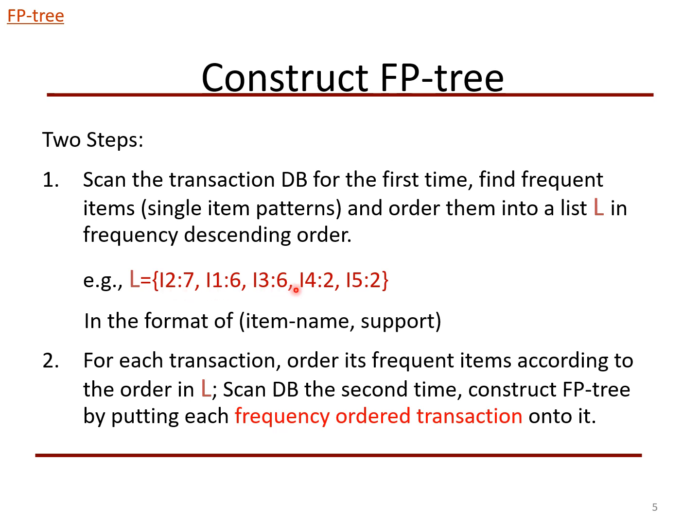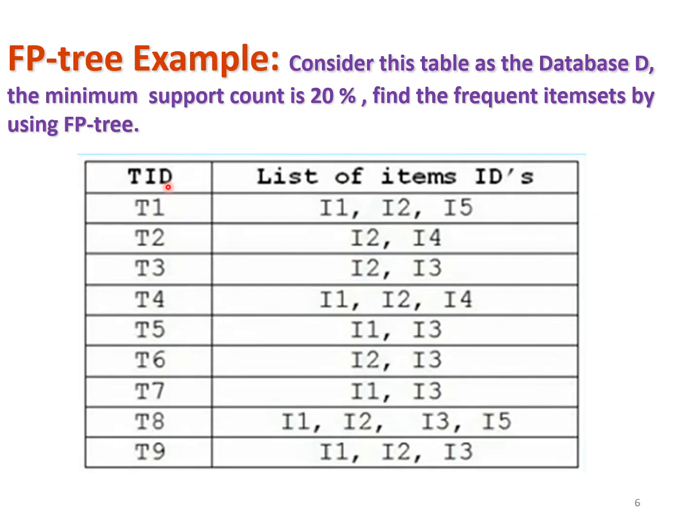So if there is any item that has a frequency of 1, it does not show up in L. Also, L is arranged in a descending order, meaning that the item with the highest frequency appears first, and then the next, until we end up with the least frequent item. This is the transaction data set, consisting of 9 transactions, and each transaction contains a list of items.